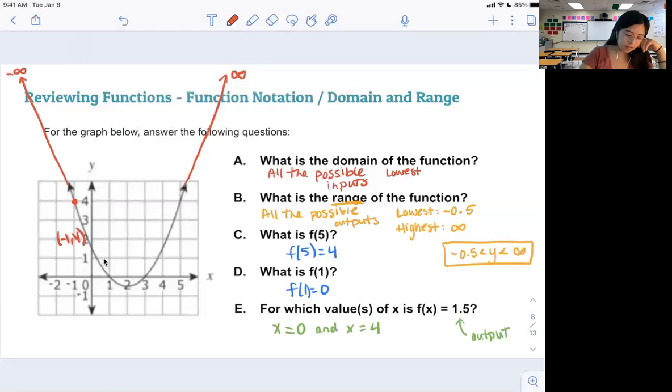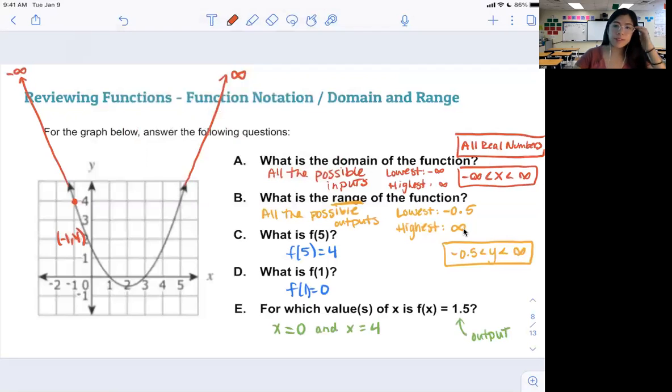Lowest is -infinity, highest is positive infinity. So -infinity is less than x is less than positive infinity. Or you might see this as just all real numbers, because there's no limits.